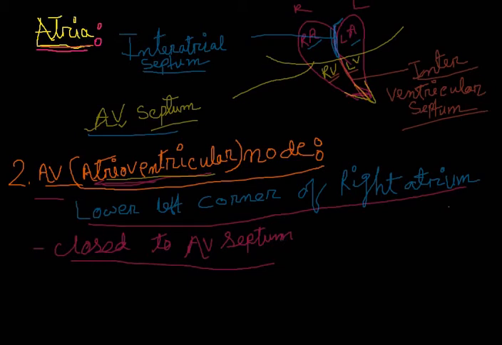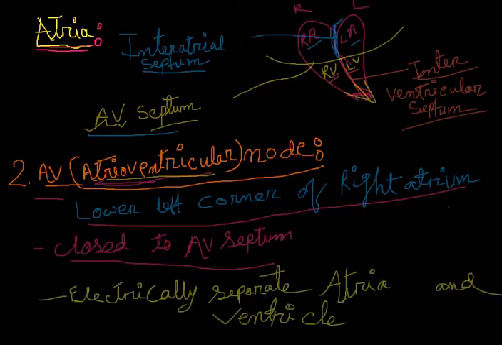What is the function of AV node? The major function of AV node is that AV node electrically separates atria from ventricle, that is, atria and ventricle are electrically separated by AV node.